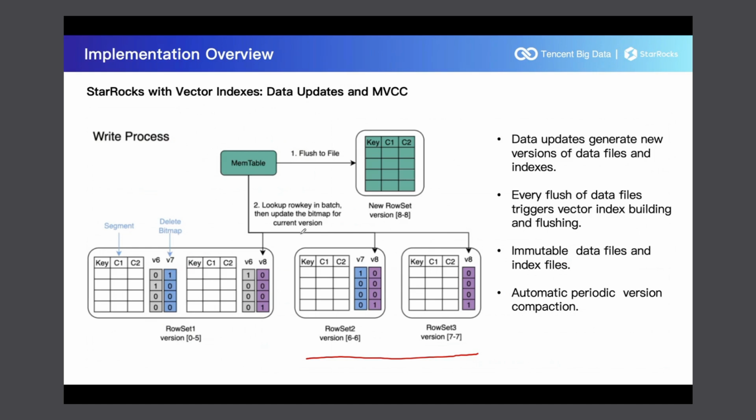Furthermore, each flush of the data files and the index files will trigger the creation and flushing of the vector indexes. Then both data files and index files are kept immutable, and the system will periodically compact these versions of files to optimize the storage and performance.